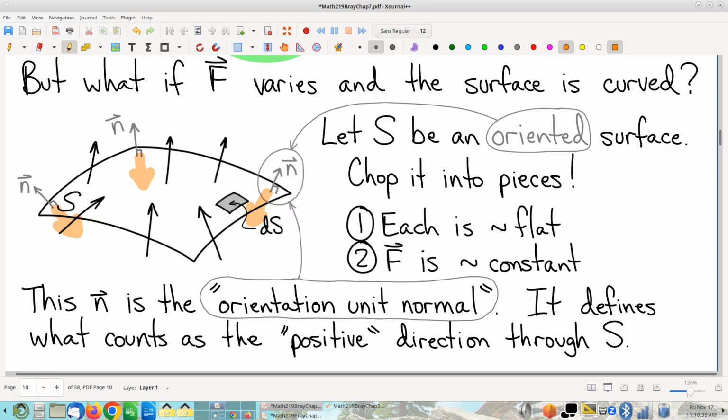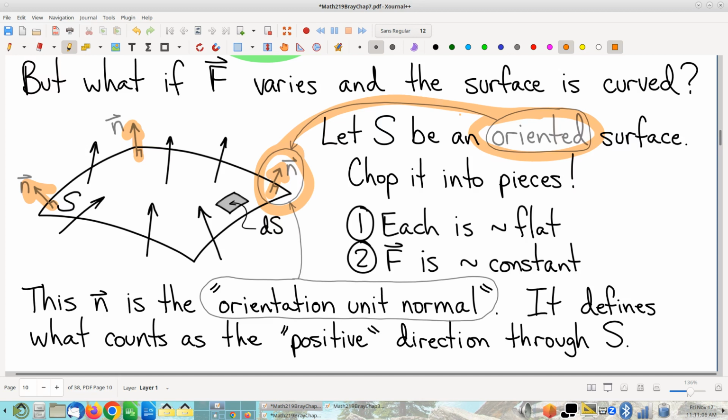They're two perfectly reasonable different takes. They're opposites of each other. Neither one is wrong, right? So again, you have to make a decision. When you say flux, you have to know which direction you're talking about. You have to have established, in other words, your orientation on your surface. So we don't do surface integrals through surfaces.